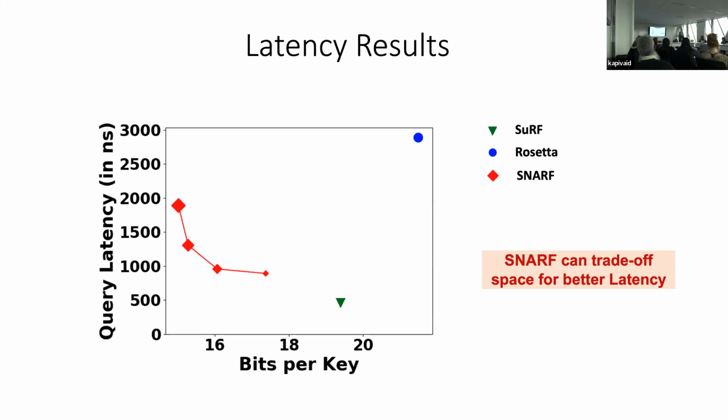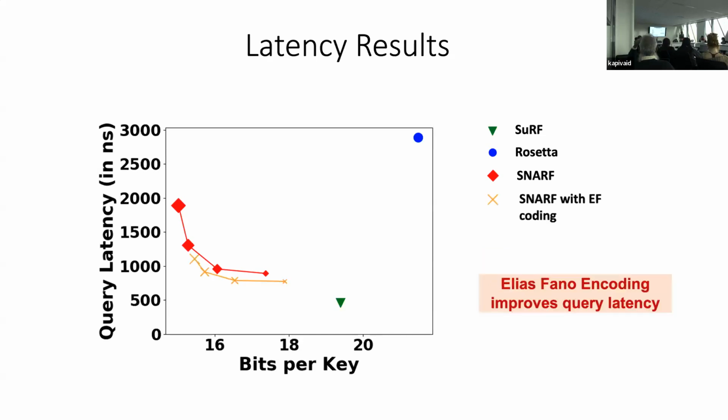Another interesting thing that we tried was that the Golomb code in delta coding that we use for storing the deltas is space optimal. But can we use some other encoding that is decently space optimal but has better latency? So we also ended up using Elias-Fano encoding, which someone had already mentioned.